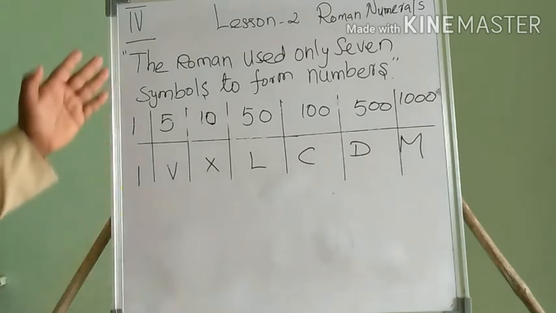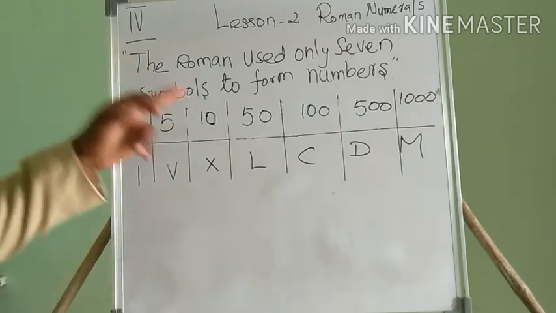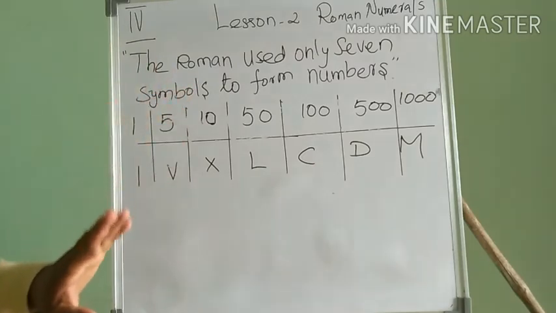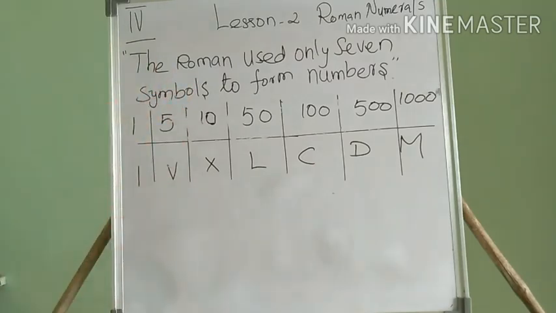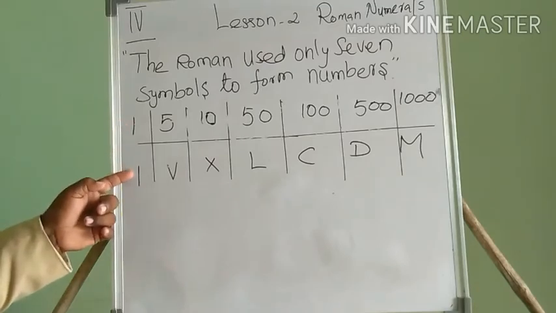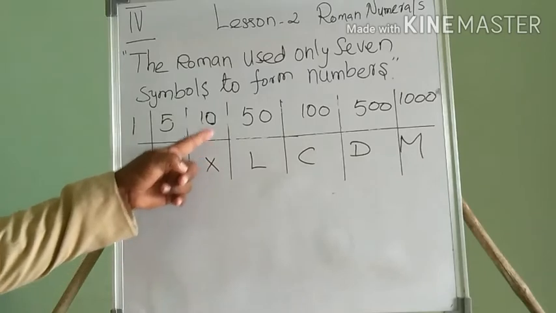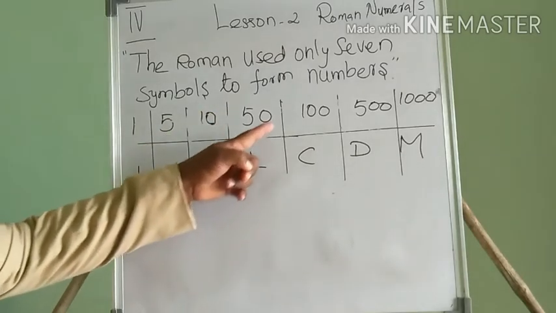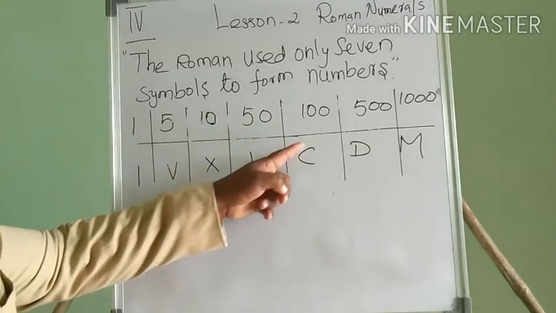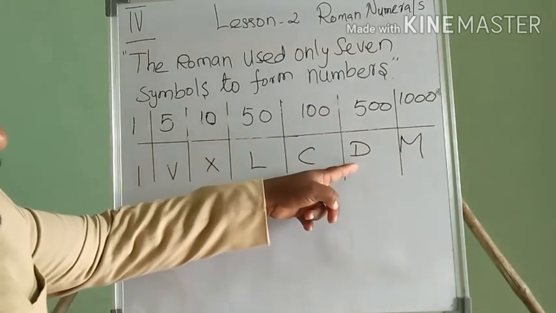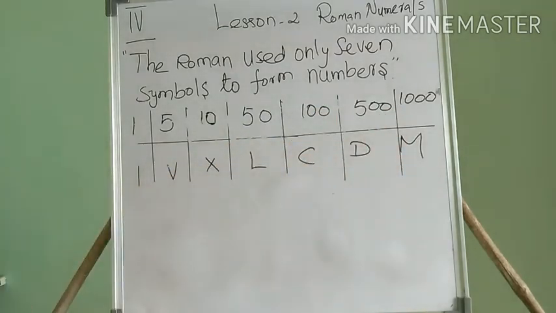So these are the code words, I have given in double quotes. The Romans used only 7 symbols to form numbers. So 1 we already know very well. 5, 10, X is 10, L is 50, 100 is C, 500 is D, 1000 is M.